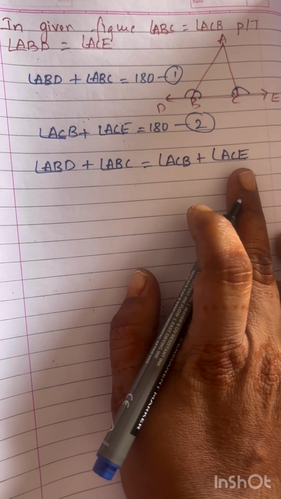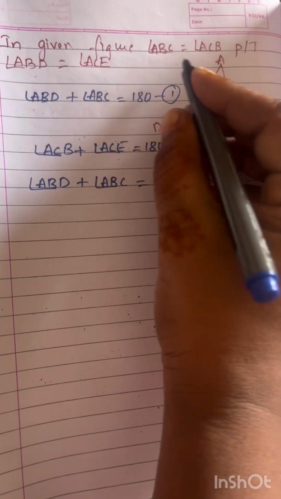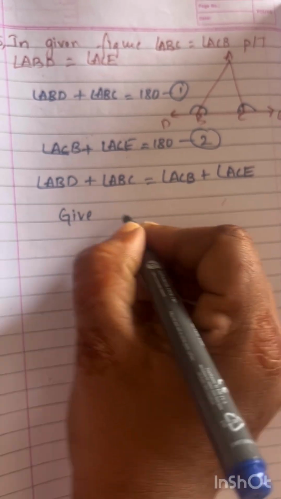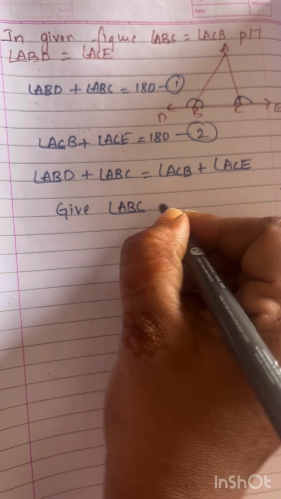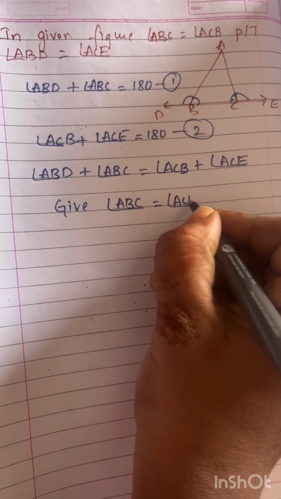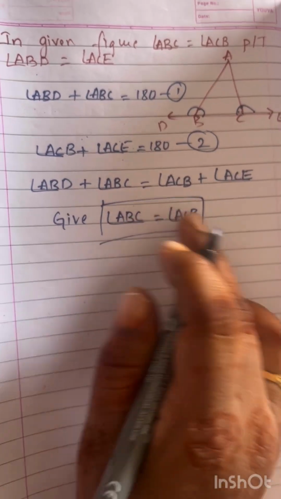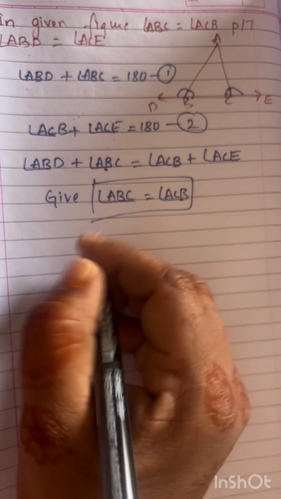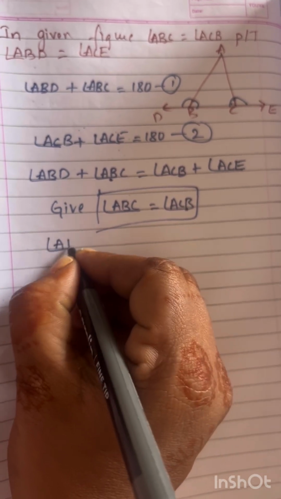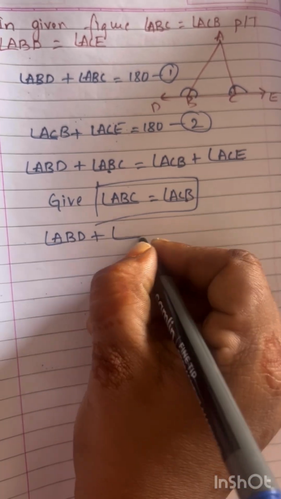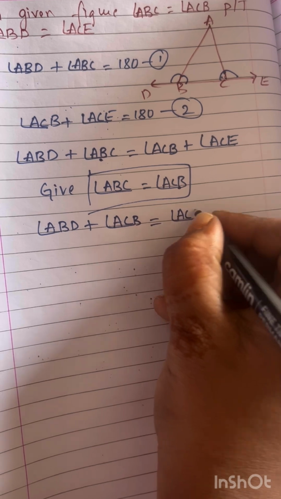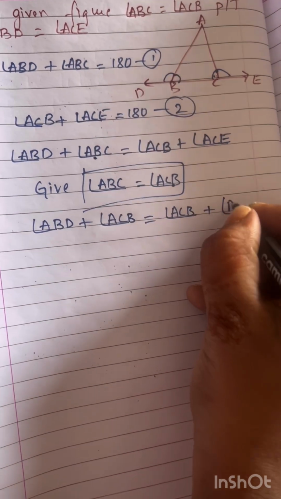What they given: angle ABC is equal to angle ACB. Instead of ABC, I am writing ACB. Angle ABD plus angle ACB is equal to angle ACB plus angle ACE.